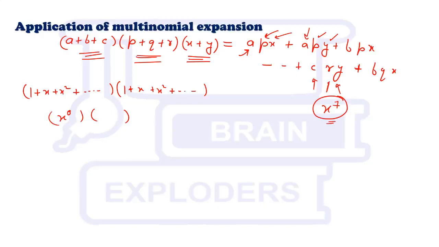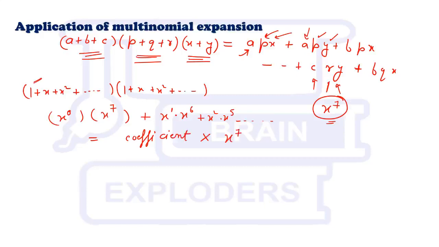If we multiply 1 with x raised to the power 7 from the other bracket, the term will be x raised to the power 0 times x raised to the power 7. Similarly, x raised to the power 1 multiplied by x raised to the power 6, plus x raised to the power 2 multiplied by x raised to the power 5 and so on, which on addition will give us some coefficient multiplied by x raised to the power 7.